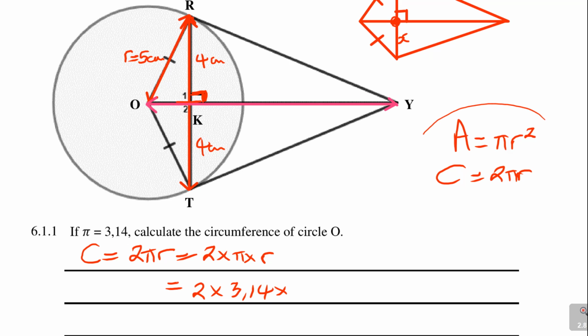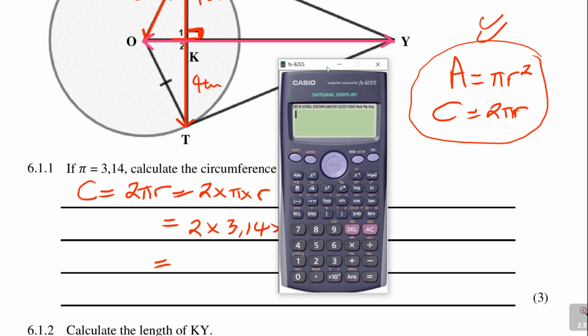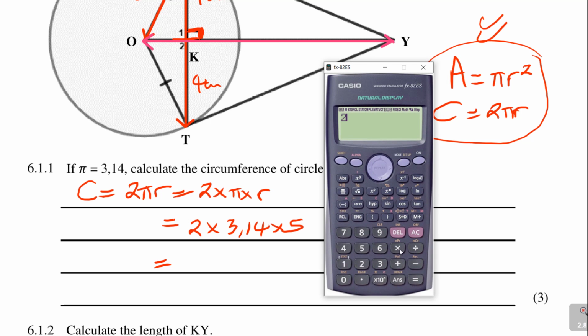In the exam, you must know these before you sit for the exam. Our radius was 5. Just recalling the formula gives you 1 mark, substituting is 1 mark, and the final answer is 1 mark. That's 3 marks. Knowing the formula is already an advantage.